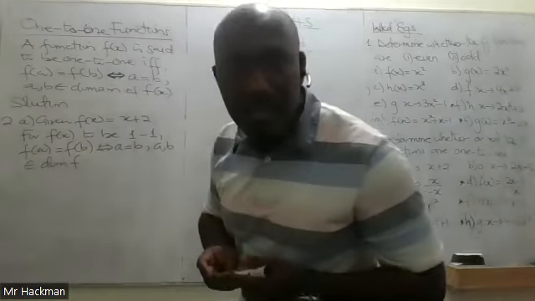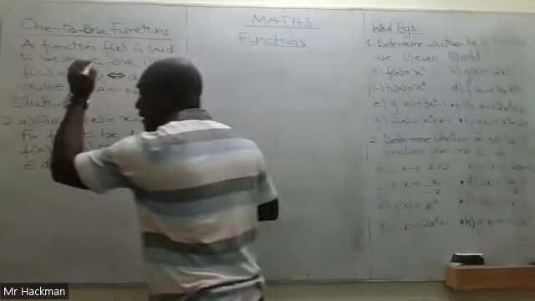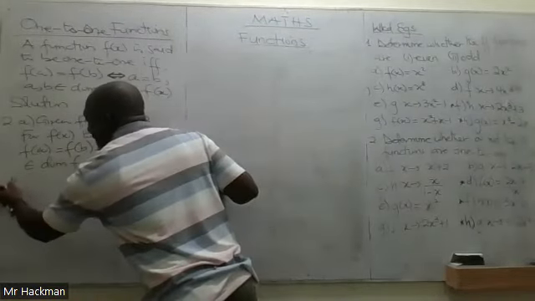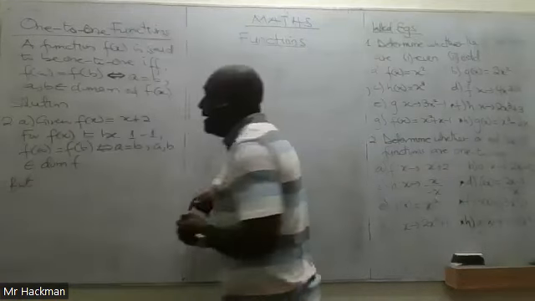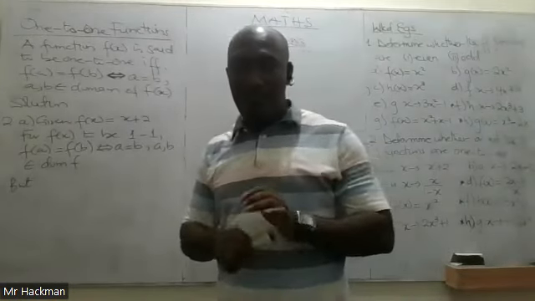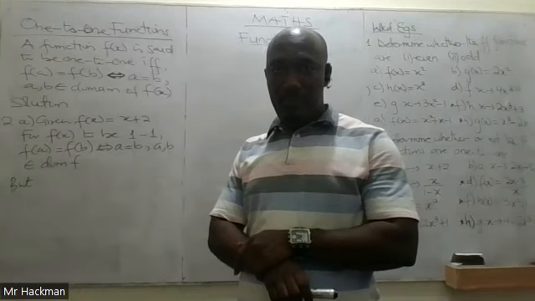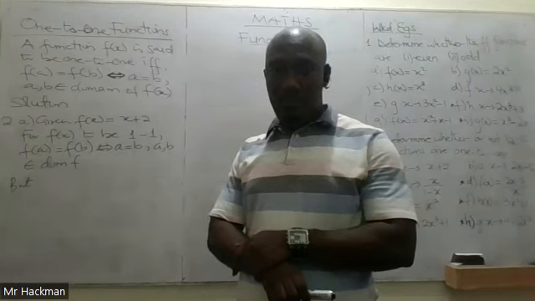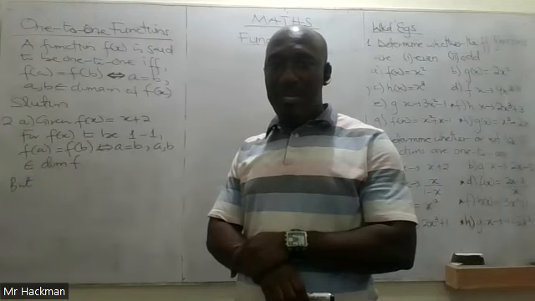So this is what we are going to do. Now I'm going to write f of A. What is the meaning of f of A? How do you get f of A, knowing f of x?